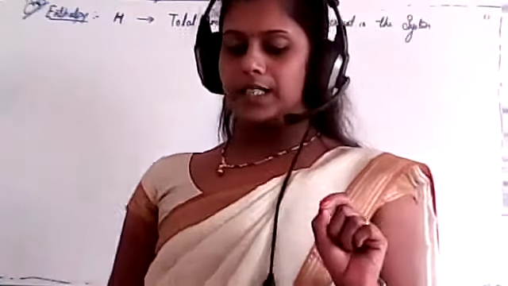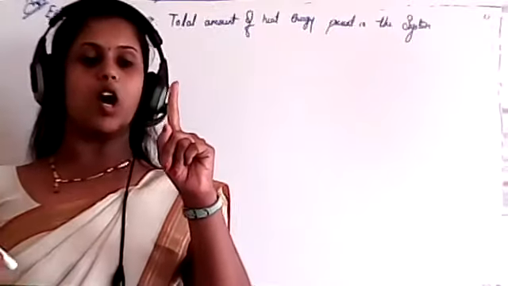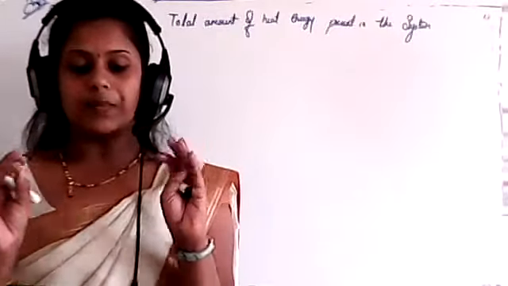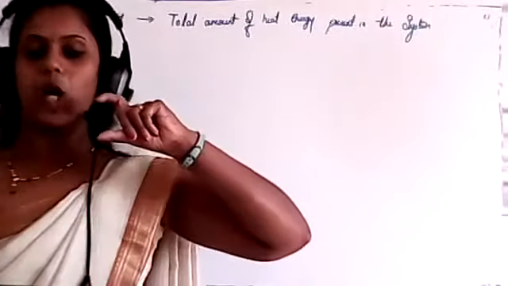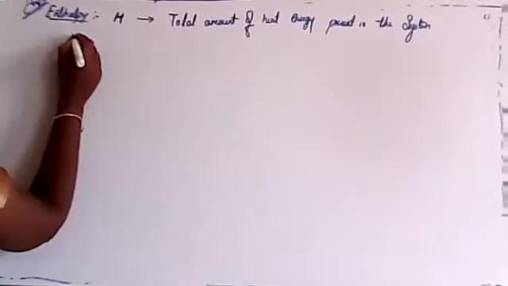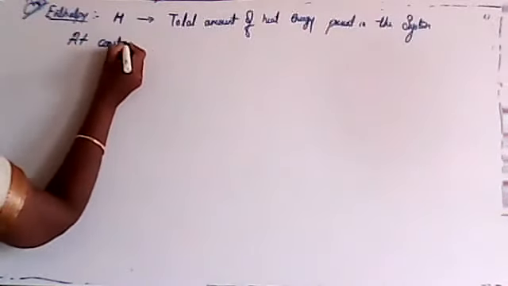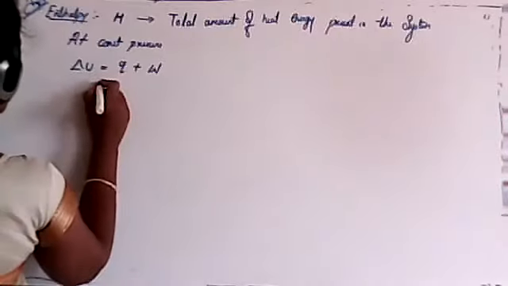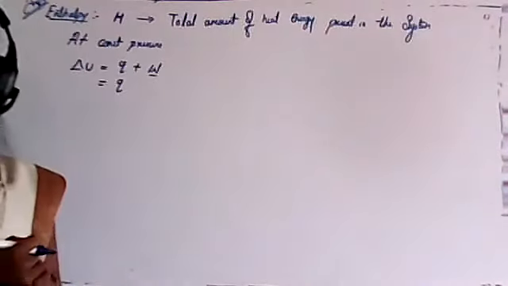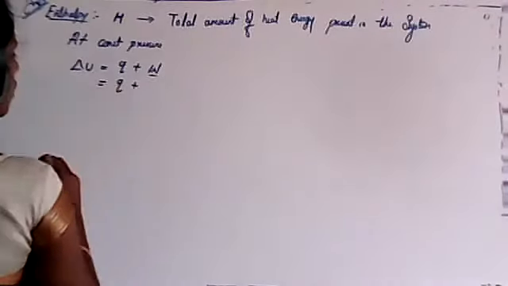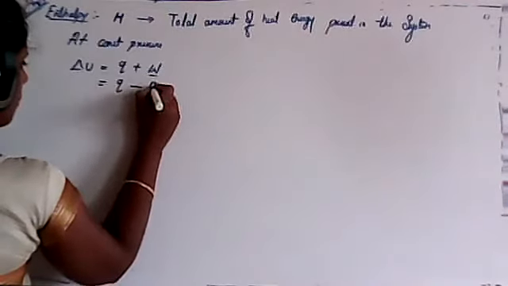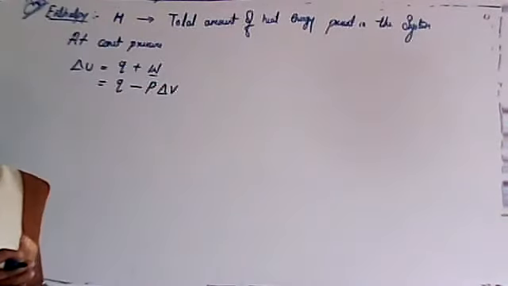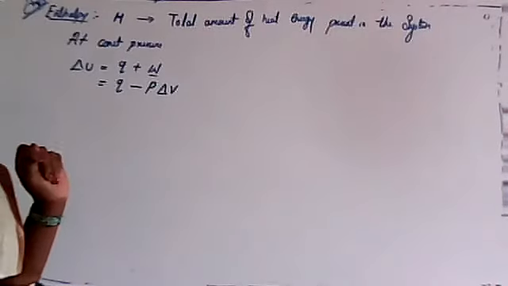So now listen, student, if I consider the first law of thermodynamics at constant pressure, the heat content of the system at constant pressure: delta U is equal to Q plus W. I'll introduce the value of W in this case: Q plus, or I'll write, minus P into delta V. That may be external or internal.